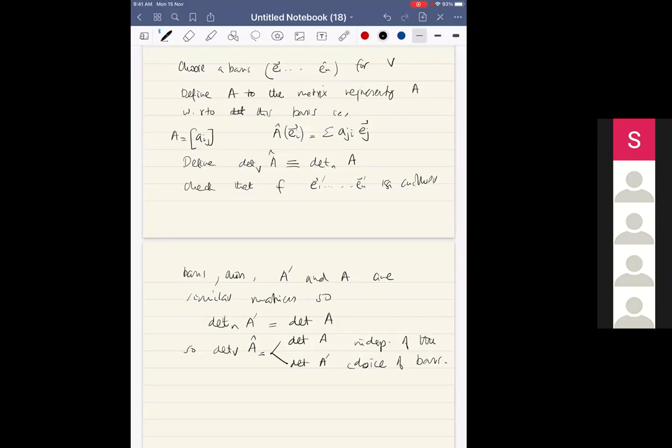So this is something that you just need to check, that whatever I claimed is actually true. It's all written out in the notes, and it's not difficult to check, provided you keep track of your indices and your summation. And what is this invertible matrix T that will give you the equivalence? There is a T that will take you from A to A prime. What is the T? That T has to do with the two different choices of bases that you have made.